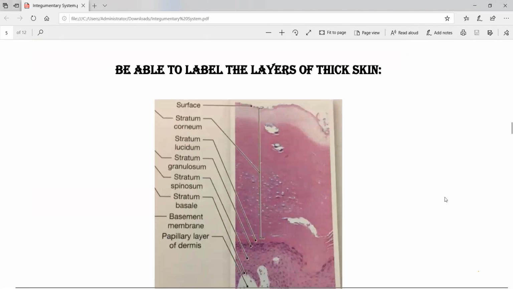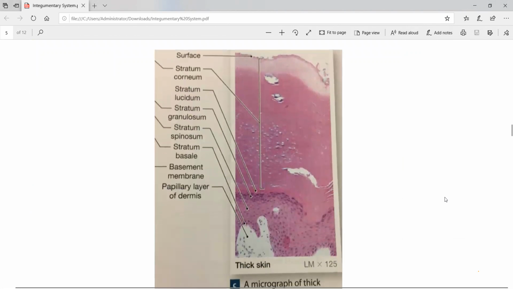Okay, so now, remember, you're going to have to be able to layer those layers of the thick skin. So I'm going to get my little pen again. Okay, and I'm going to draw right where the epidermis and the dermis meet each other. So that orange line there is the basement membrane. Remember the basement membrane from looking at your stratified epithelial tissues.